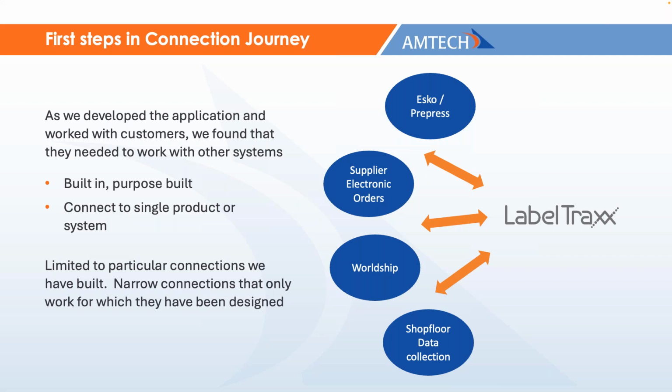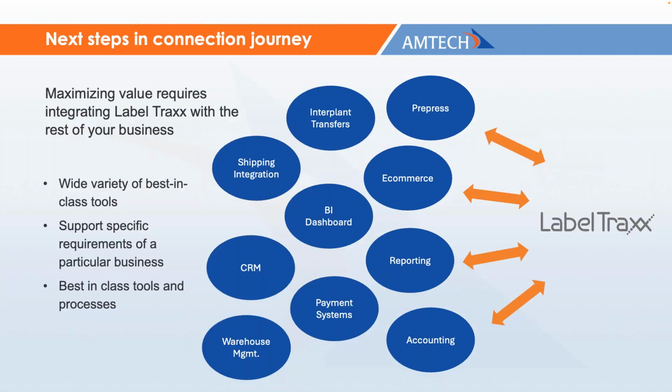And in doing that, we often built right into the application purpose-built connections with particular use cases or particular applications to connect a single product or system to Label Traxx. What we found over time is that the requirements for integration between Label Traxx and other systems and processes were much broader than just those four areas.